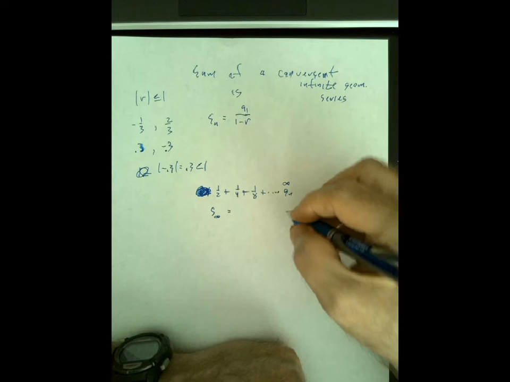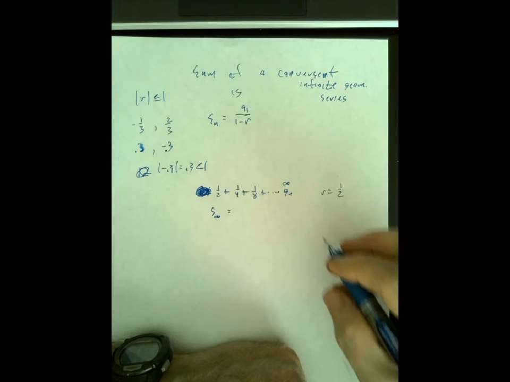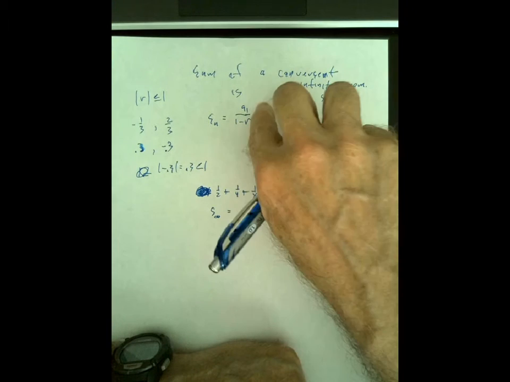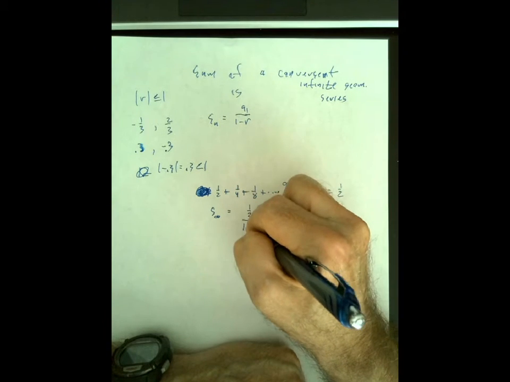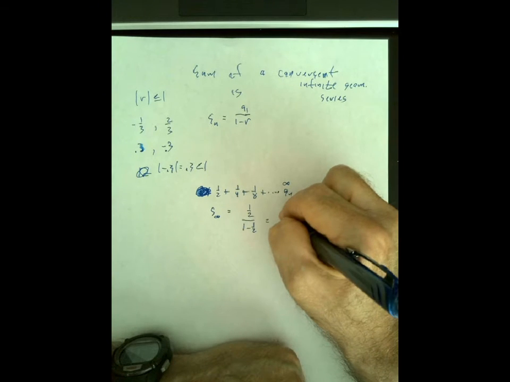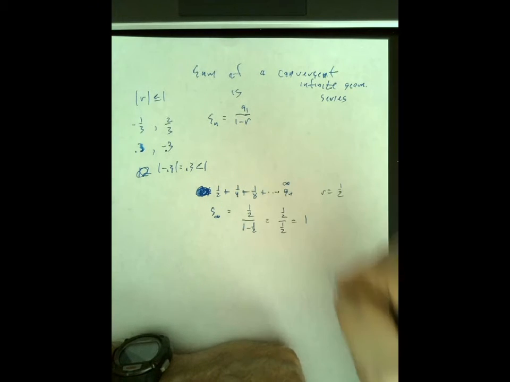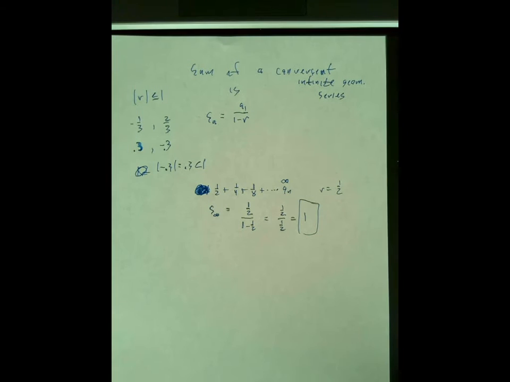Well, we saw that r was equal to 1/2, and the first term is 1/2. So, using this formula, 1/2 divided by 1 minus 1/2, that's 1/2 divided by 1/2. That's 1. That's that limit.